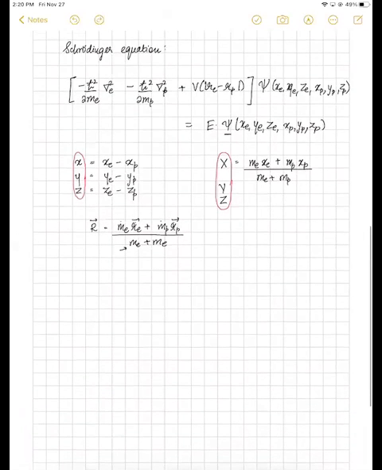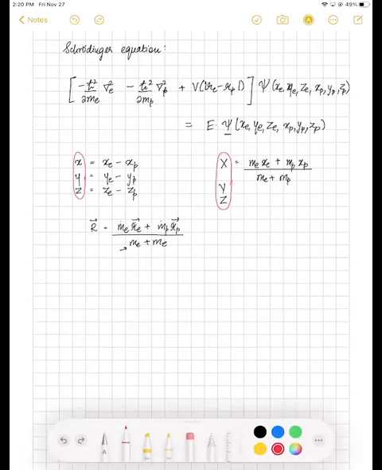So now we have 6 coordinates again, but instead of the wave function being a function of xe, ye, ze, xp, yp, zp, we're saying it's now a function of small xyz and capital XYZ. And why we're doing this is going to become clear shortly. The reason is that we don't want to solve a 6-dimensional equation.